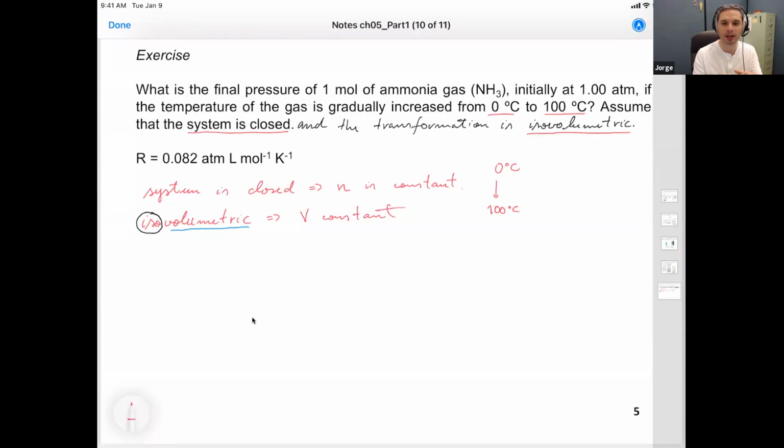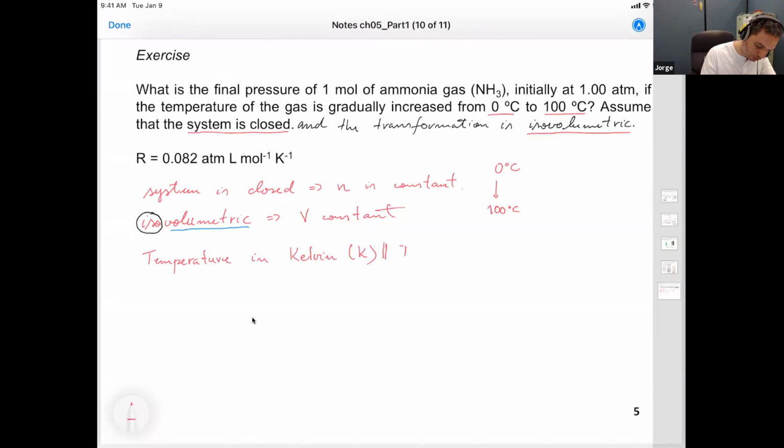Before we put any equation in place, one thing that you must remember always when you work with gas transformations or gases in general is that the temperature has to be always in Kelvin.